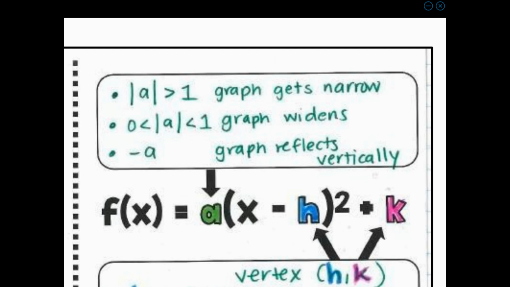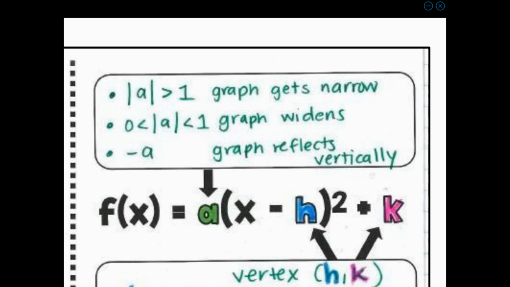Yesterday we did talk a little bit about what the A causes to happen in an equation. But we talked about it when it's in standard form. So ax squared plus bx plus c is standard form.